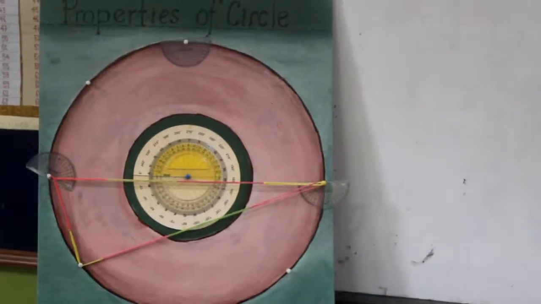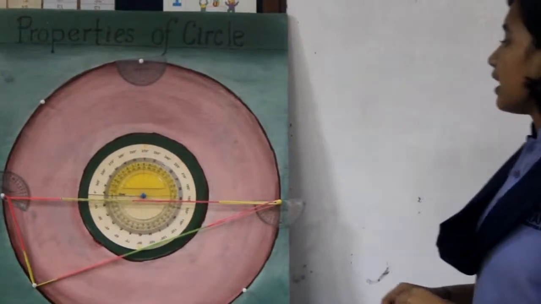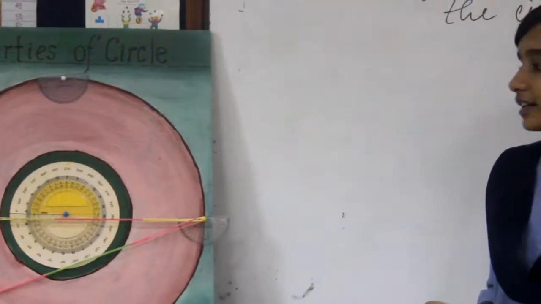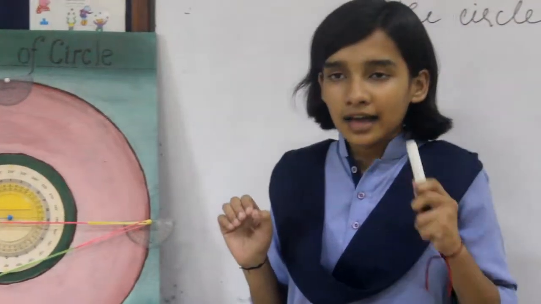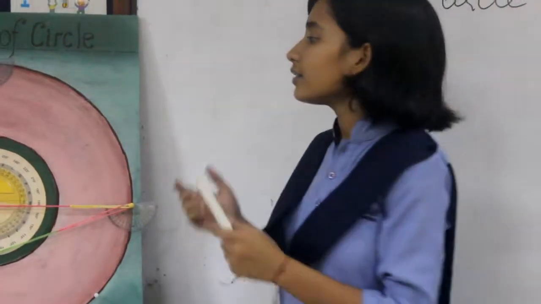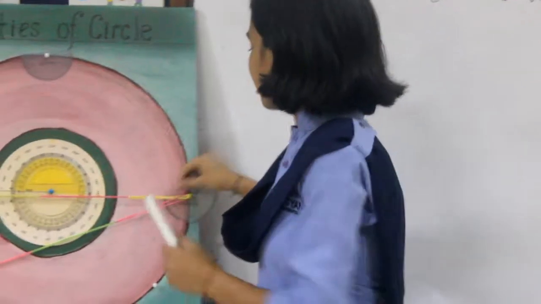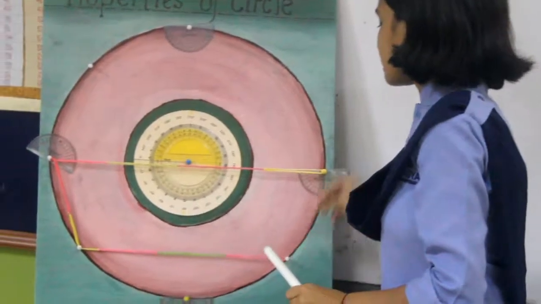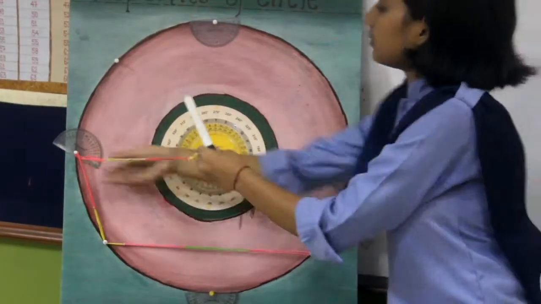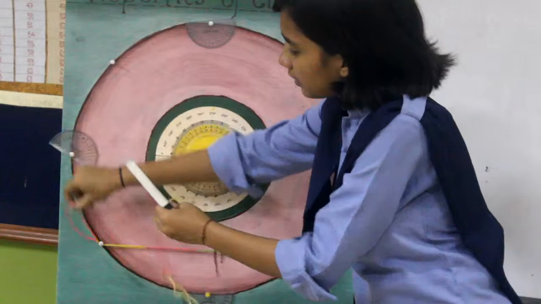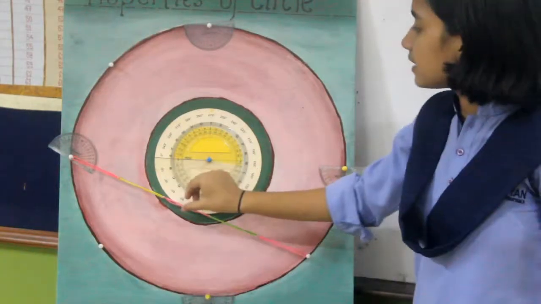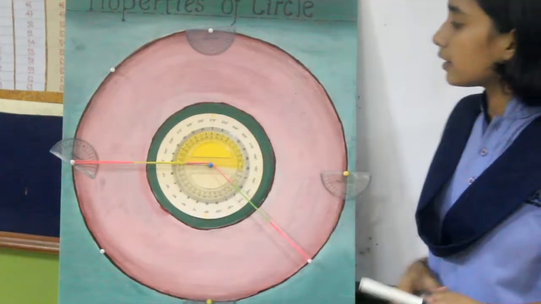So the next property of the circle is that the angle subtended by an arc of the circle on the center of the circle is double the angle subtended by the same arc on any point on the circle or the circumference. So if we take this segment or the arc, here we get our arc. Now we take the angle subtended by this arc on the center.